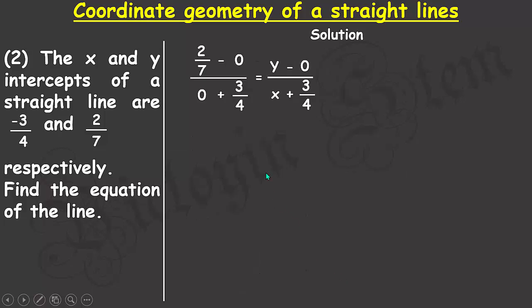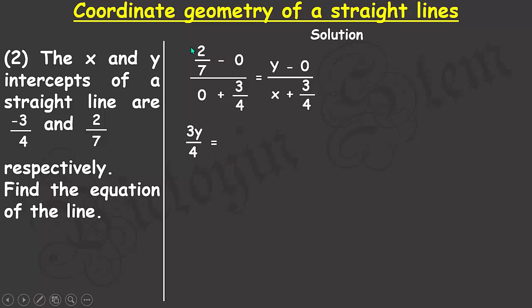Now, to resolve these two fractions, one at the left hand side, the other at the right hand side, I will multiply the denominator of the left hand side fraction by the numerator of the right hand side fraction. So 0 multiplied by everything at the top here is 0. Plus 3 over 4 times y is 3y over 4. Plus 3 over 4 times 0 is 0. So I'm done with the left hand side of the equation.